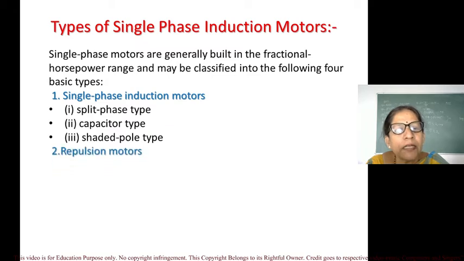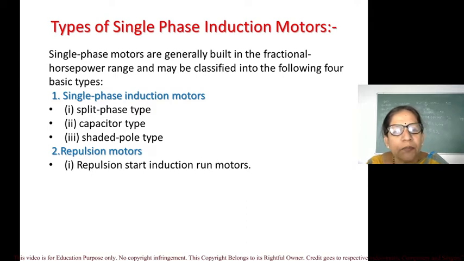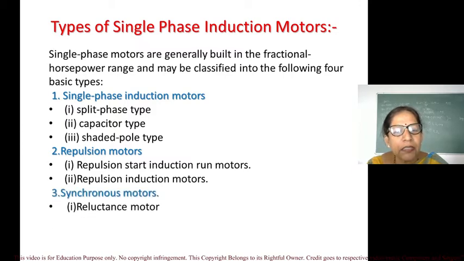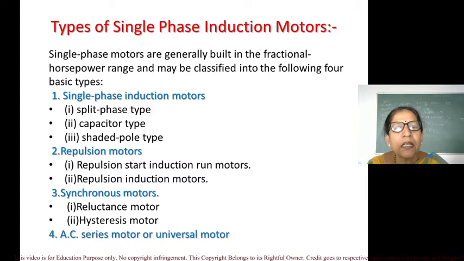Then the second main type is the repulsion motor, which is again classified as repulsion start induction run motor, and repulsion induction motor. These are the two subtypes of repulsion motors. Then third is synchronous motors. In that, first is reluctance motor, second is hysteresis motor, and the last main type is AC series motor or universal motor.